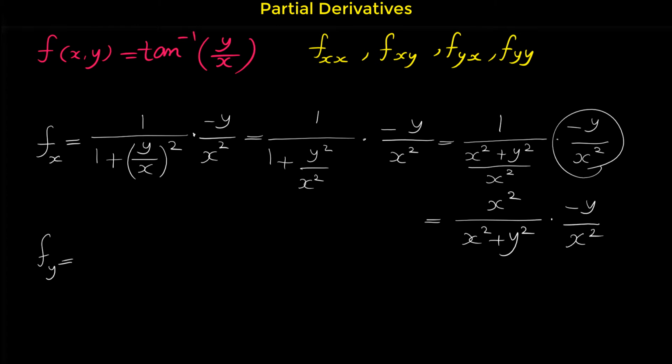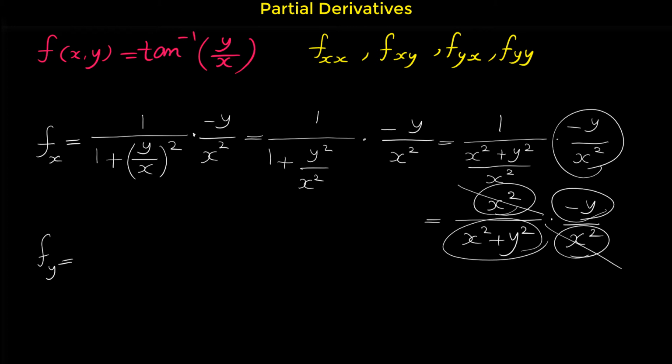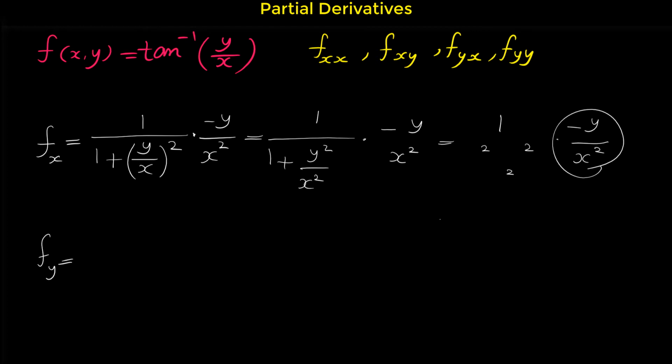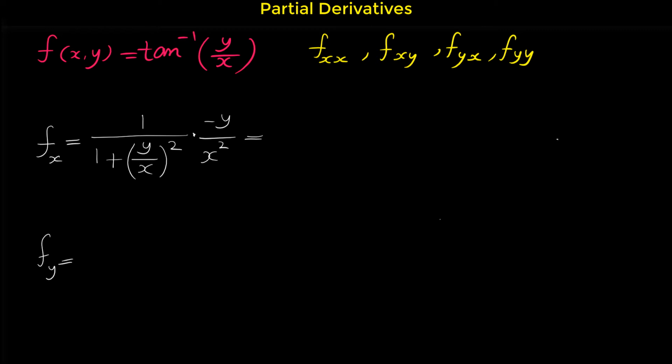Now if you look at the numerator here and this denominator, we can cancel x squared with x squared, and so finally we have negative y in numerator and x squared plus y squared in denominator. So finally we can say the partial derivative with respect to x is negative y over x squared plus y squared.